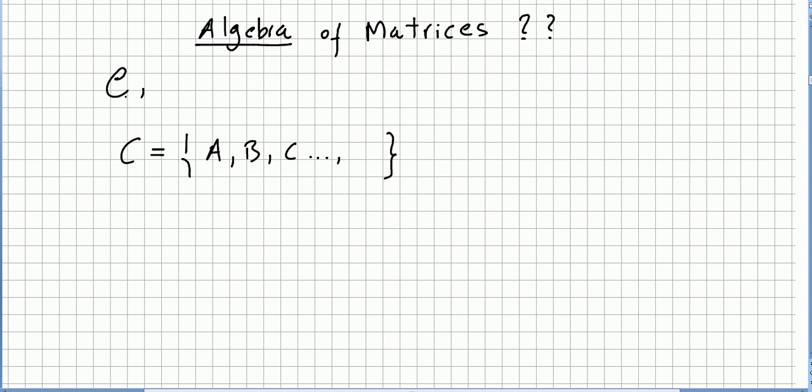if this set is closed under the operation of adding. So it means that if I pick, for instance, matrix A and I add another matrix from this set, matrix B, I get a matrix D, and this one is here too.